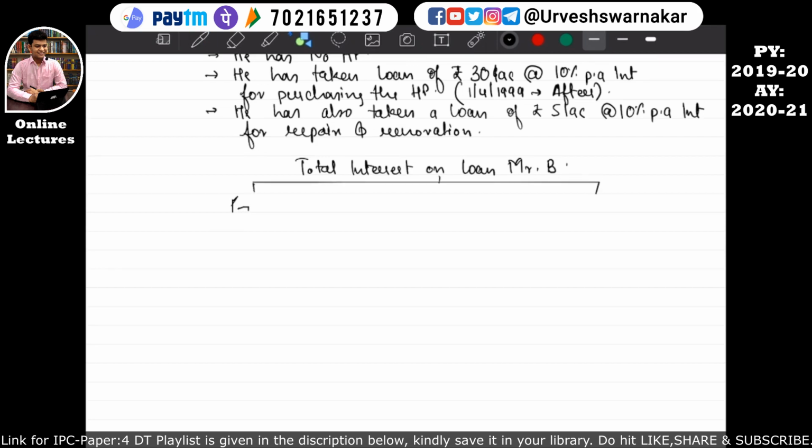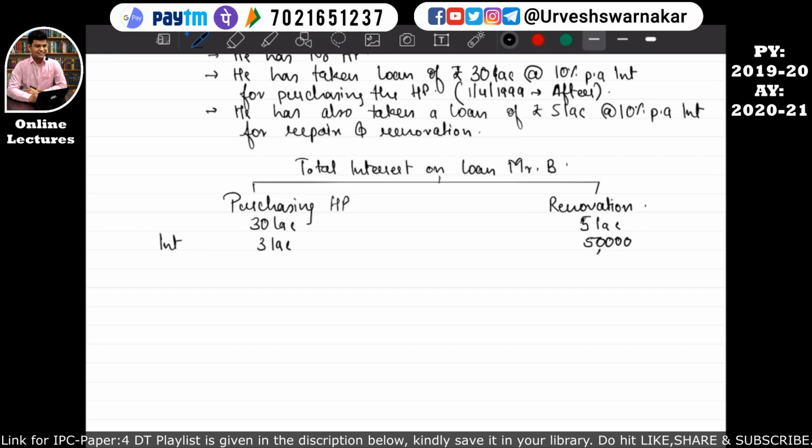First loan was for purchasing the house property and second loan was for renovation. The loan for purchasing was 30 lakh and the loan for renovation was 5 lakh, and the interest that the assessee will pay is 30 lakhs into 10%, which is equal to 3 lakhs, and for renovation 5 lakhs into 10%, which will be equal to 50,000. I hope this is quite clear to you all.